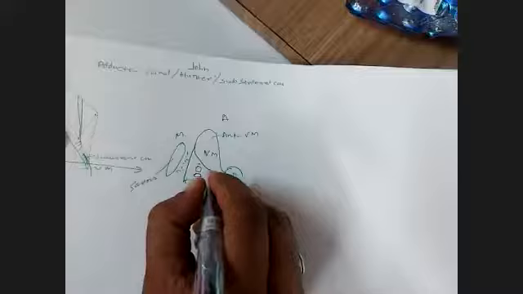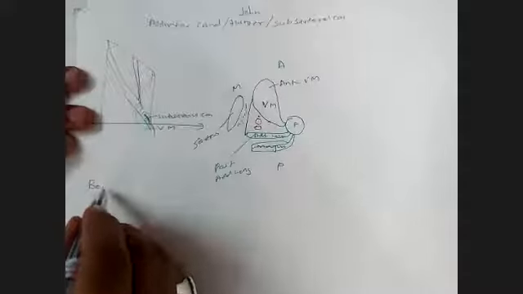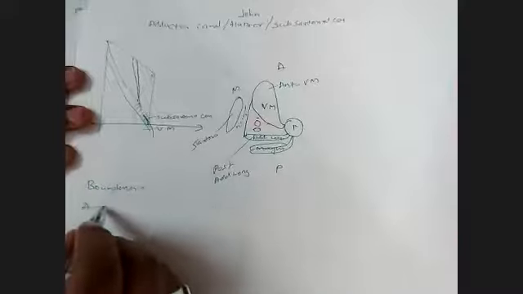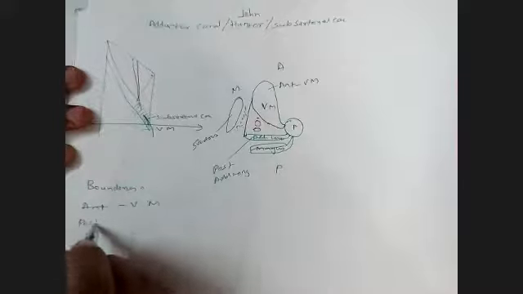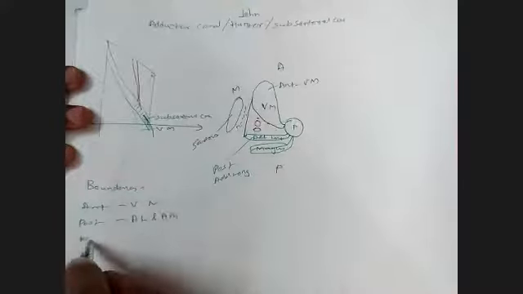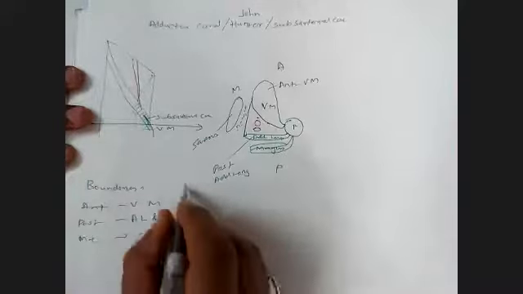Here we see the two branches of the obturator nerve. So when we talk about the boundaries of the adductor canal, anteriorly is vastus medialis, posteriorly is adductor longus and adductor magnus, and medially is sartorius.